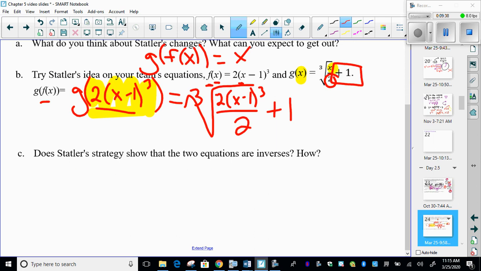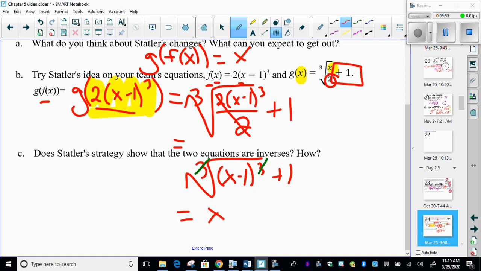Simplifying the process, 2 over 2, that simplifies. And this gives me the cube root of the quantity of x minus 1 cubed plus 1. And the cube root and the cube undo each other. Therefore, you get x minus 1, and then you still say plus 1. Well, those undo each other, and you get x.